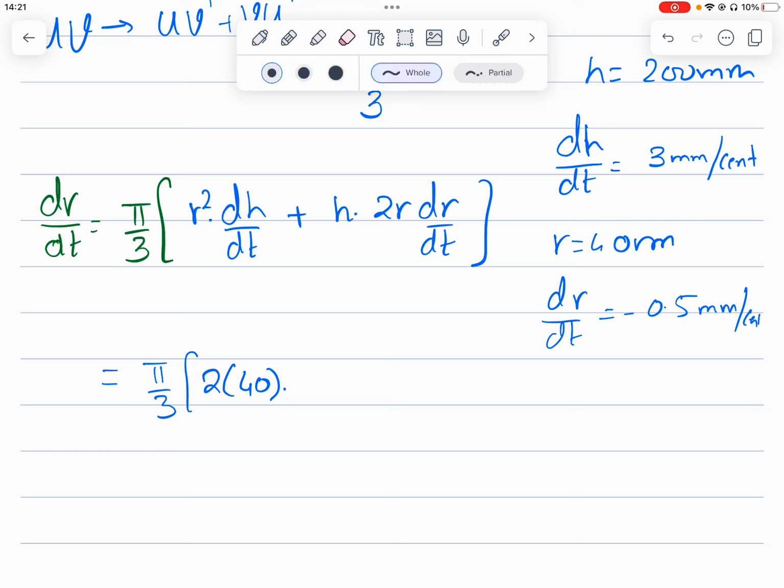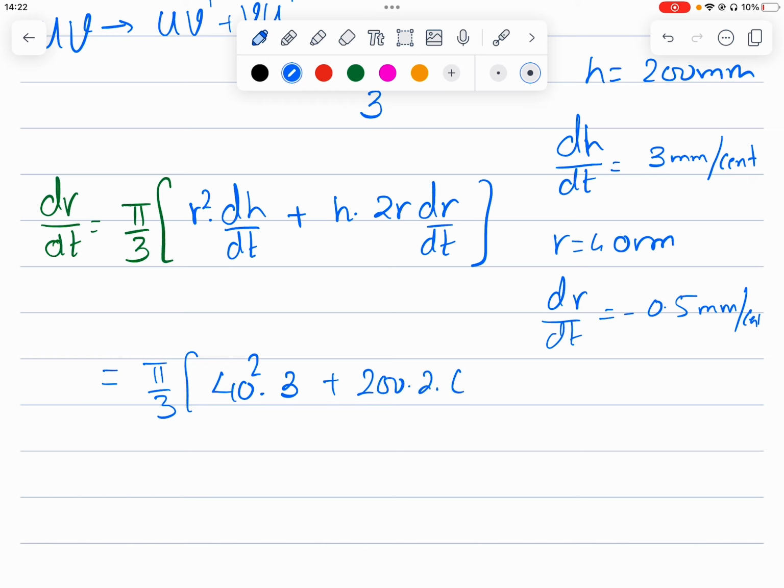So I do the substitution once again carefully. R square, what is the radius? 40. 40 square, dh upon dt is 3, plus h is nothing but what? 200 times 2 times r is 40 and dr upon dt is negative 0.5. Simplify this. I am directly writing the answer. You will be getting minus 3200 pi upon 3, which is approximately equal to negative 3350.